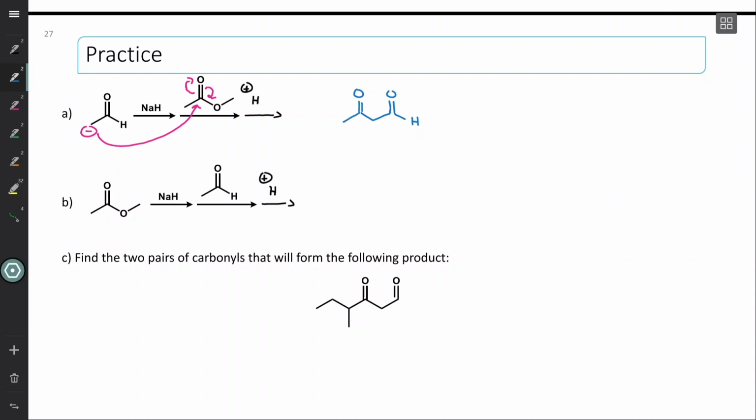So this gives me that beta ketone product, and we're also going to have some methanol here left over after we quench. Right, so this is beta keto aldehyde.